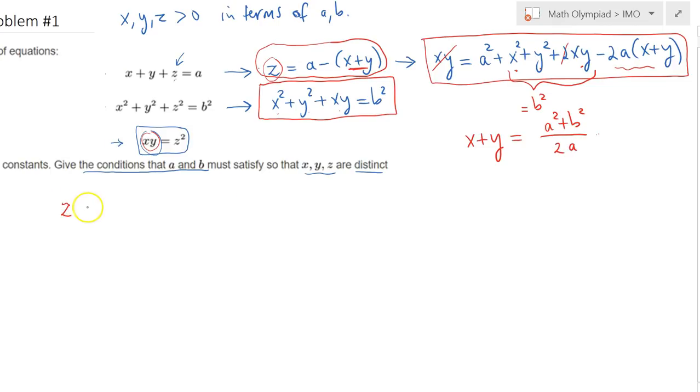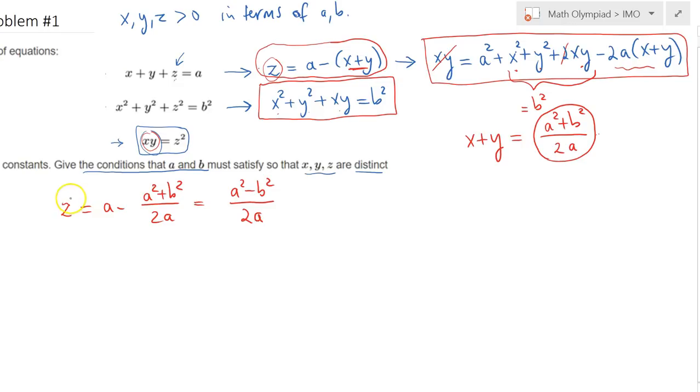So z is equal to a minus, and for x plus y I replace it with this expression here, a squared plus b squared all divided by 2a. We can find the common denominator here, which is obviously 2a. So I would have 2a squared minus a squared, which will be just a squared minus b squared, all divided by 2a.